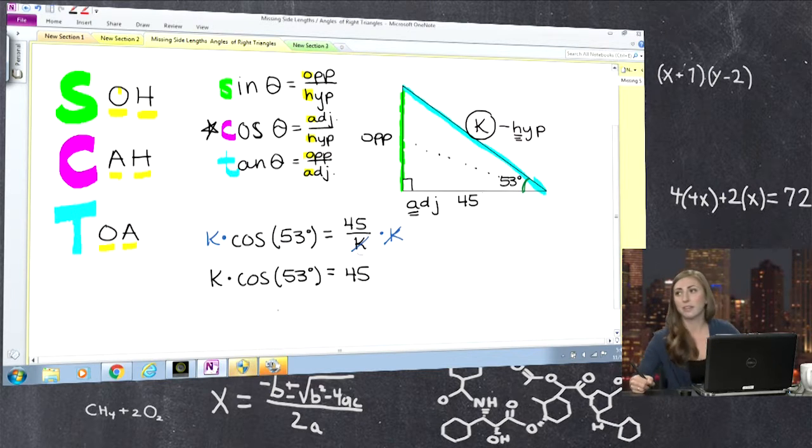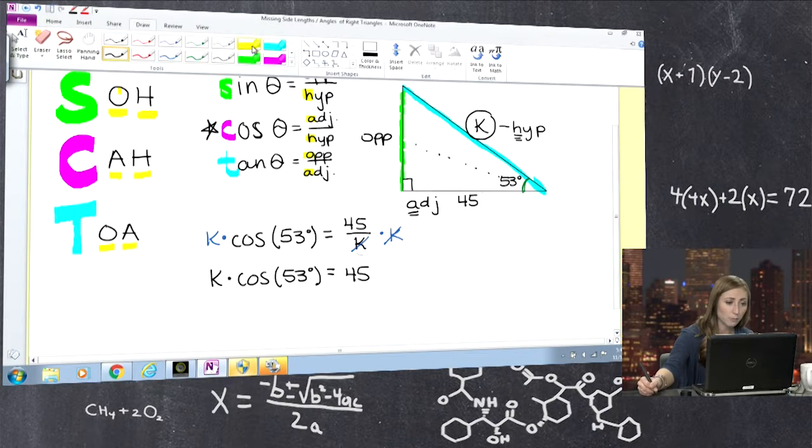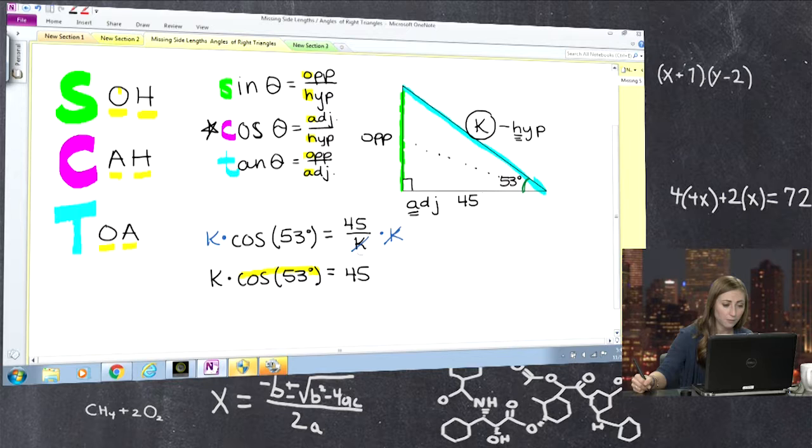At this point, I've seen a lot of students get stuck, because this trigonometry definition gets confusing for them. But what you have to remember is that this cosine of 53 degrees is just some number. It's the ratio of the adjacent over the hypotenuse side. It's the ratio of this triangle. So it's just some number. This is like if I had K times some number.